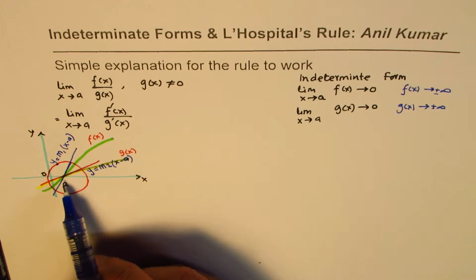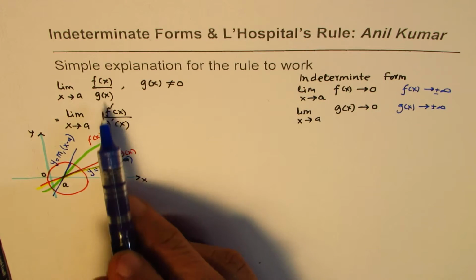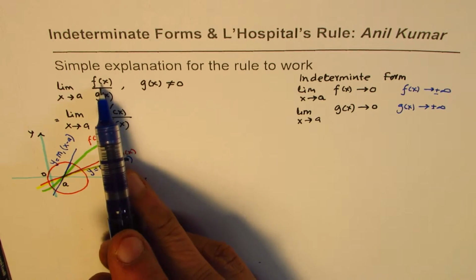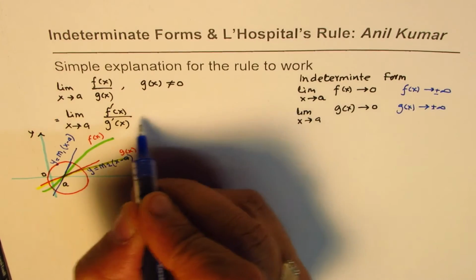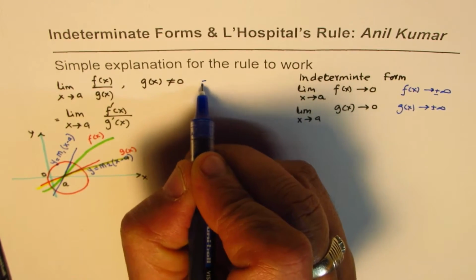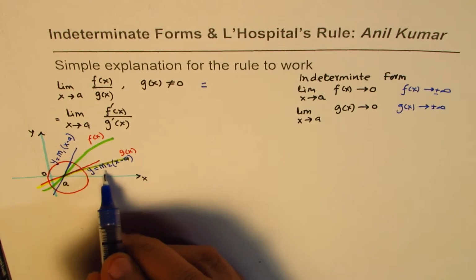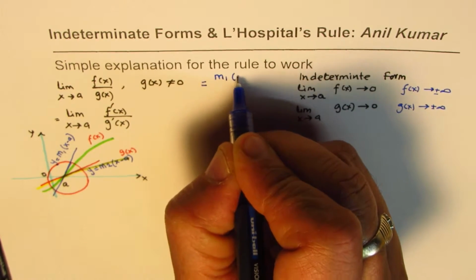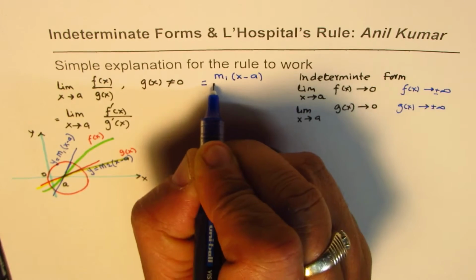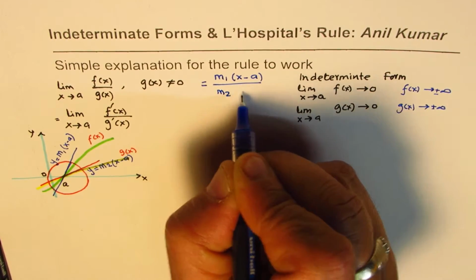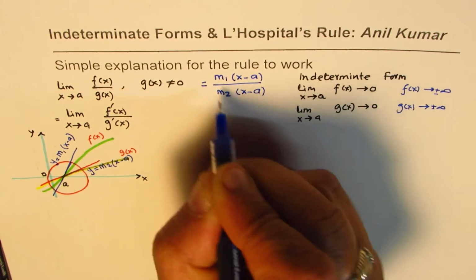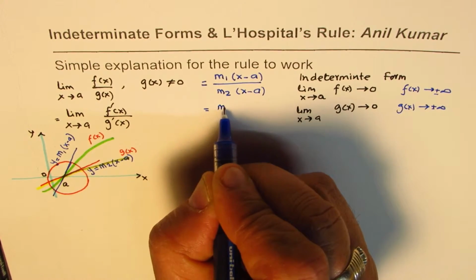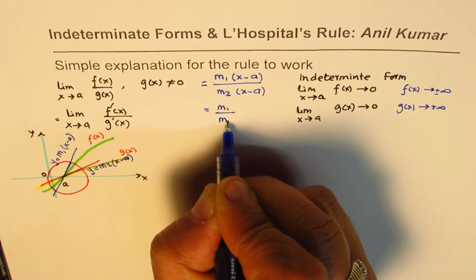So at this approaching point a, what you find really is that the ratio of these two is kind of the same as the ratio of these, which is m1 times x minus a divided by m2 times x minus a, and that gives you m1 over m2.